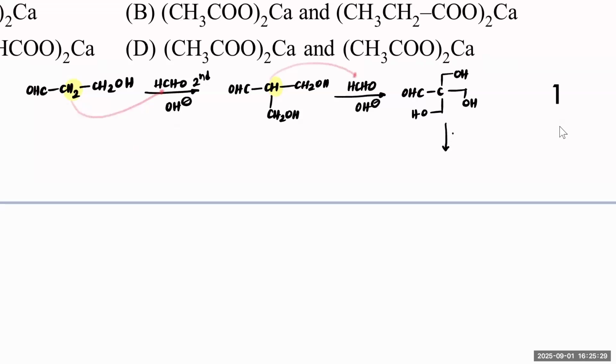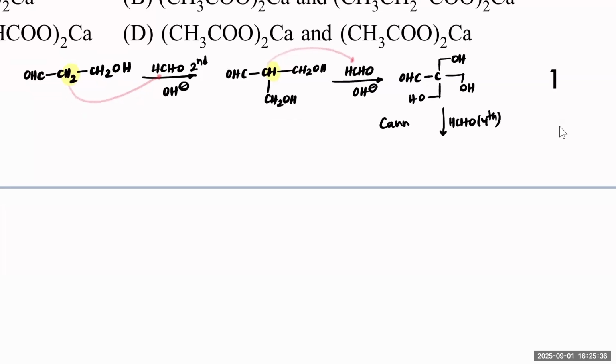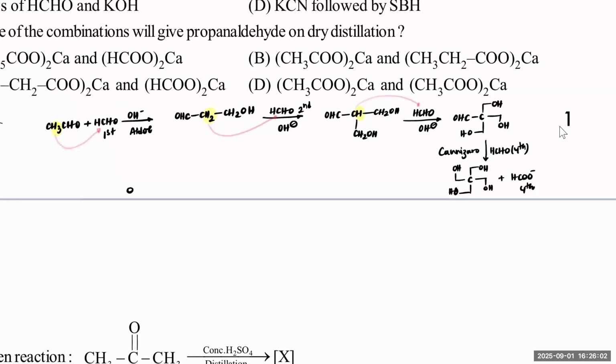From here, if I go with the fourth mole, this will give you Cannizzaro now. Why Cannizzaro? Because now this carbon does not have any alpha hydrogen. Because of which, this part will become alcohol as well, like this, like this, and like this. And one mole will become HCO minus, which is the fourth mole. This is called Tollens reaction.